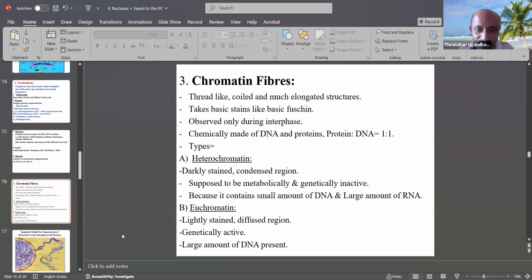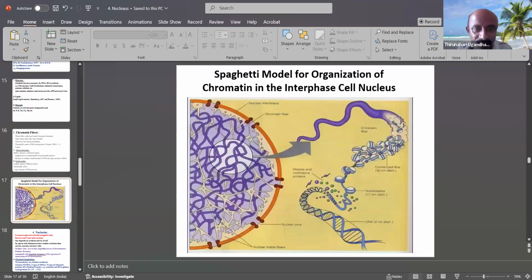Basically euchromatin is active and heterochromatin is inactive. In heterochromatin there is a lower percentage of DNA and more percentage of RNA. Euchromatin has a more percentage of DNA and less amount of RNA. These are two different, important characters of the chromatin bodies. What are the structures of the chromatin bodies here?